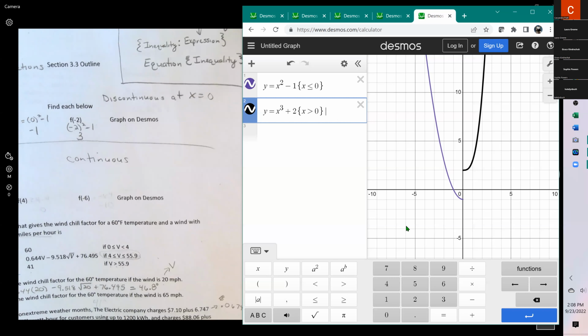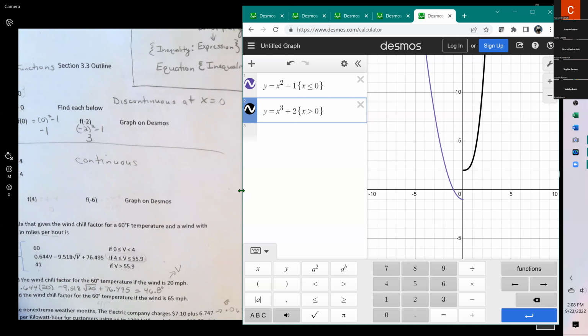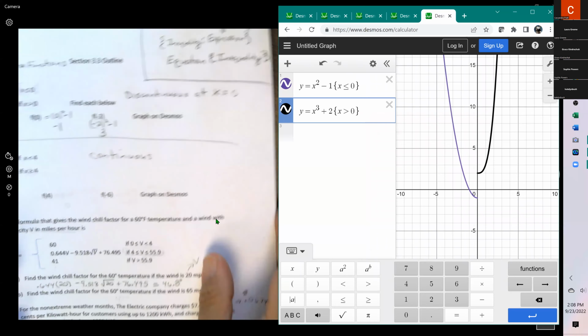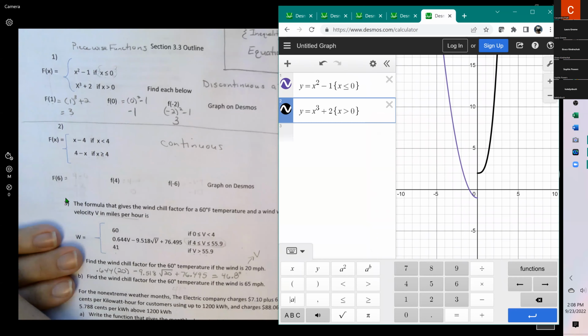Any questions on that? Let's try this one. So if we're looking for f of 6, do we use the top or the bottom equation for f of 6?